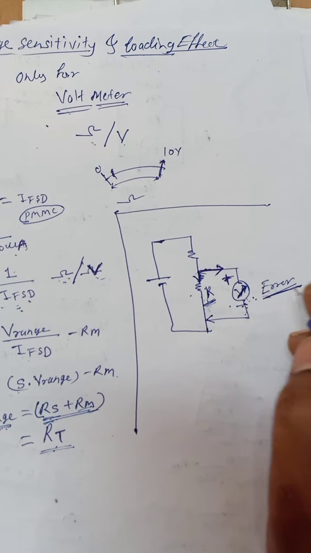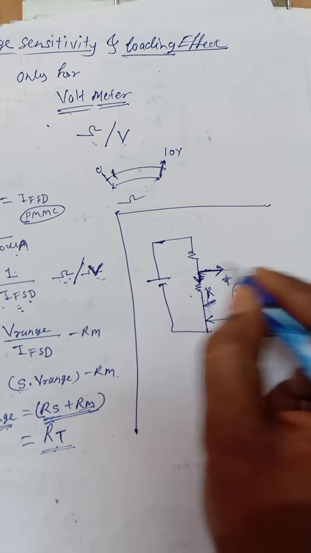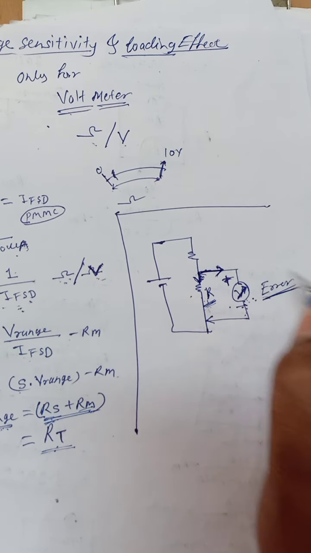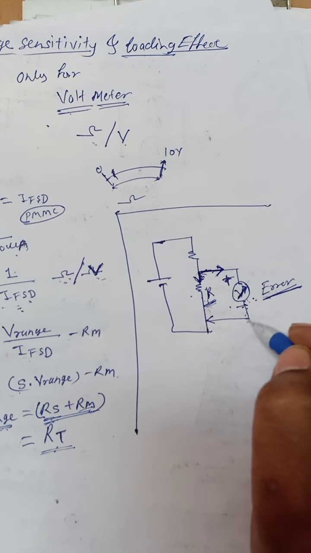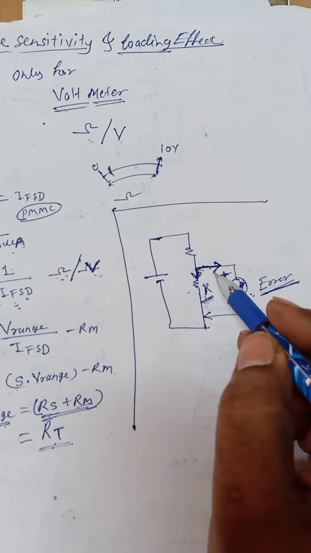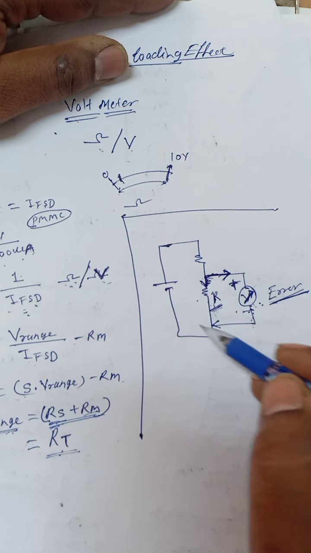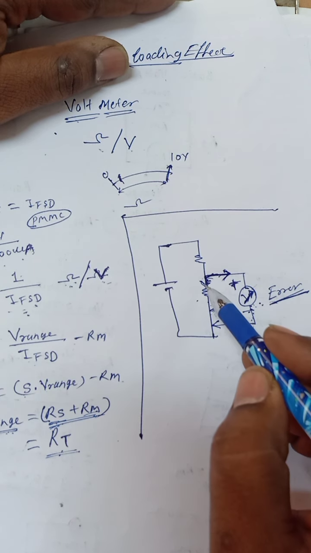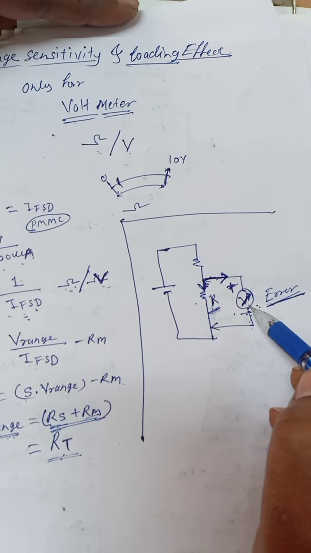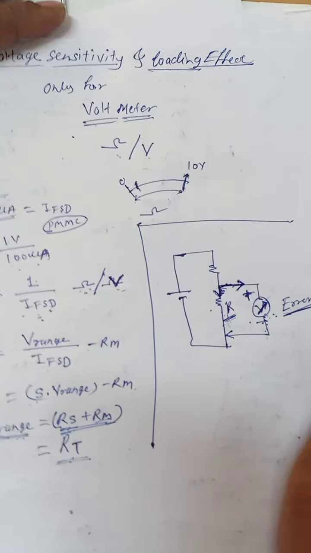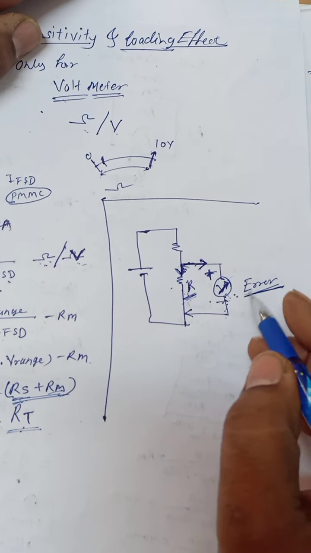So it takes some current from the circuit and then it uses that current for the deflection. That means the circuit current is reduced somewhat, and that is the loading effect. And because of the decrease in current, it shows some low voltage and it shows some error here. So this is the loading effect.